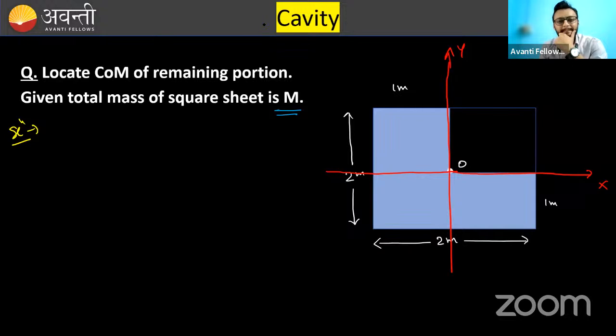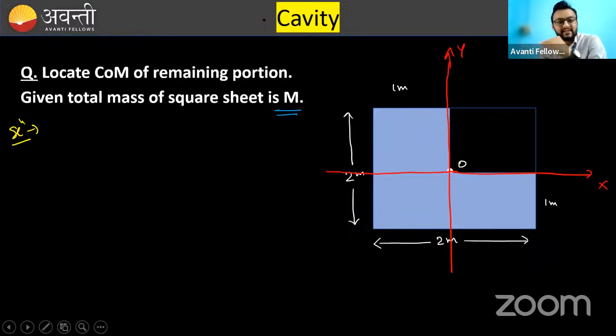Okay, still waiting. About which axis does this diagram have symmetry? You need to say, sir, it doesn't have symmetry about any of these axes, neither about the x-axis nor about the y-axis.